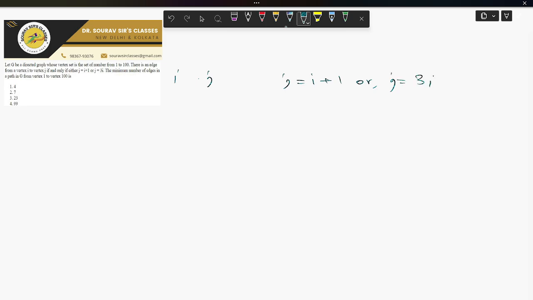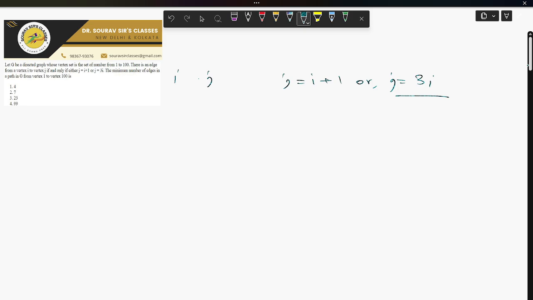So now to solve this, we will explore the possible paths from 1 to 100, prioritizing the use of the J equals 3I edge, which grows faster, to minimize the number of steps. Now we are going to understand the graph structure.